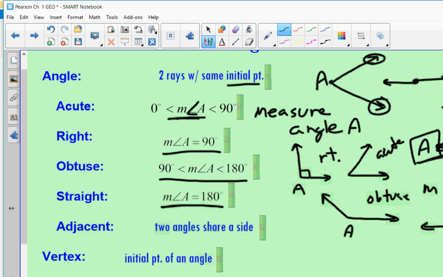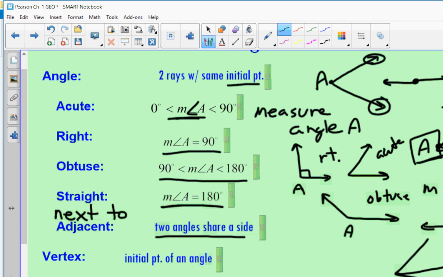Okay. Adjacent, two angles that share a side. Adjacent means next to. Adjacent's another term that will be used a lot in geometry, so we need to have that down. It means it's next to something. In this case, what it's saying is that there's an angle, and I could then draw this line in between them.